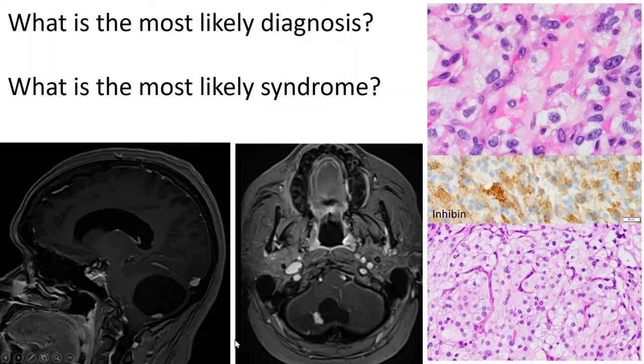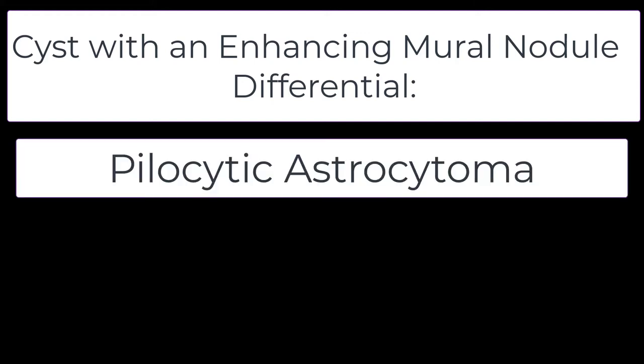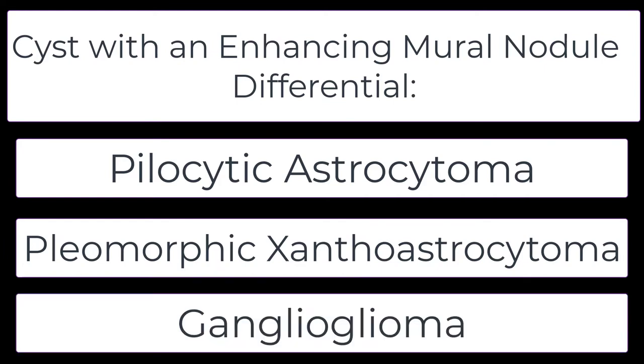That little rhyme is a cyst with enhancing mural nodule, especially happening in the temporal lobes in the pediatric cases. Absolutely want to think about PA-PXA ganglioglioma, with PA standing for pilocytic astrocytoma, PXA stands for pleomorphic xanthoastrocytoma, and ganglioglioma is ganglioglioma.